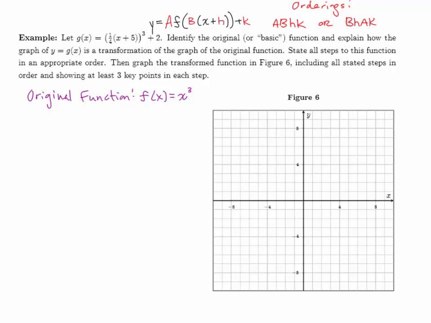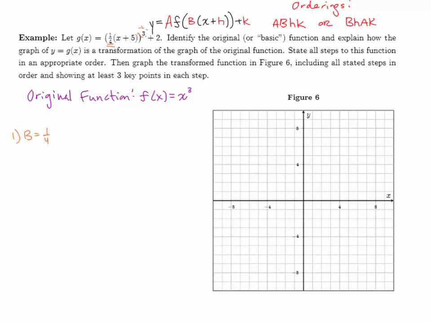So going through, in this case, our value of A is just 1. So we won't have anything happening with that. So we'll look at this 1/4 that we see. And so that's our value of B. And we know that that's a value of B because it's inside the cubed part. So the first thing we see, we have a value of b that's 1/4.